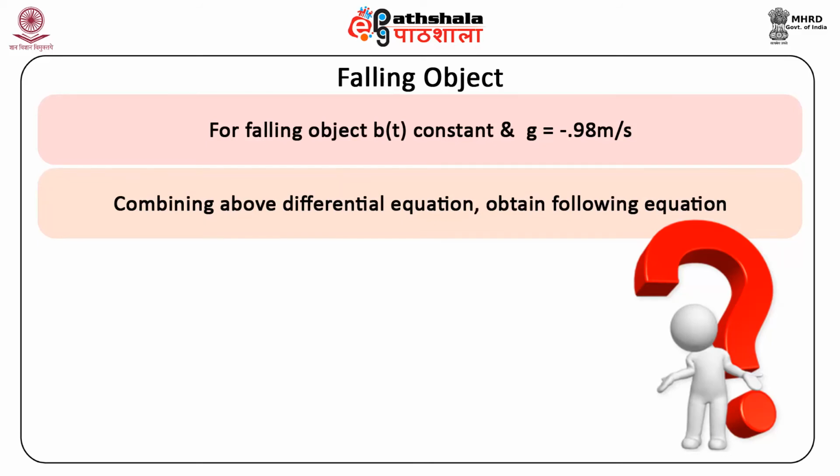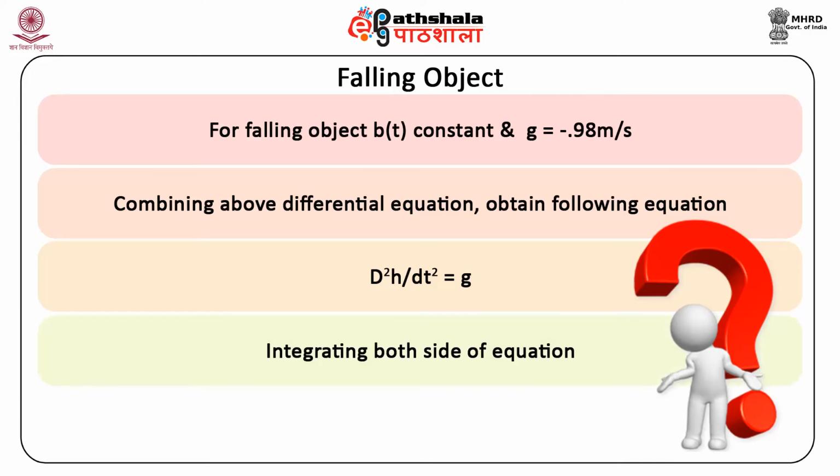Combining the above differential equations, we can obtain the following equation. d²h/dt² = g. Integrating both sides of the equation, we obtain dh/dt = gt + z naught.